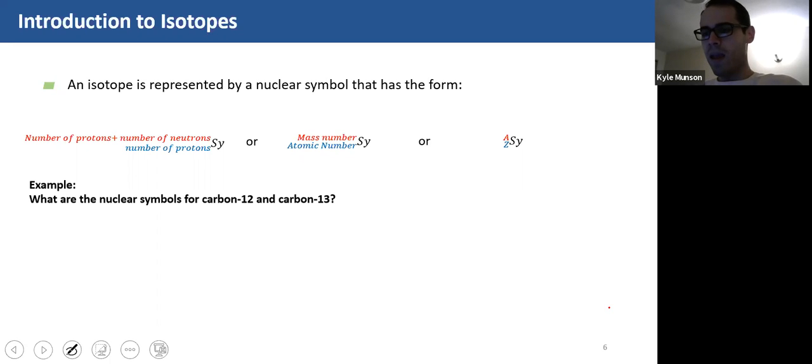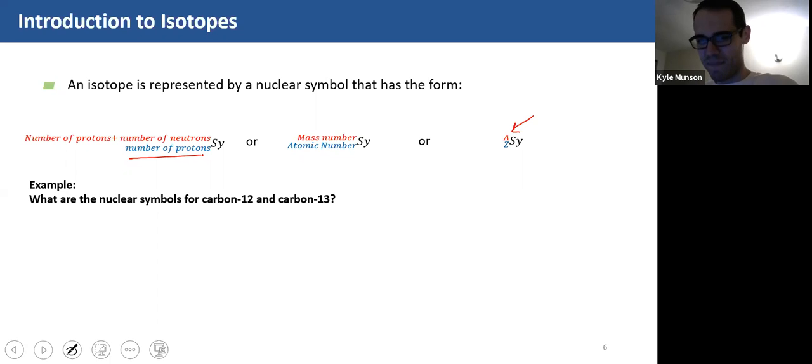On the top, you put the number of protons plus the number of neutrons, or its mass number, or the symbol A, however you want to think about it. The number of protons for the element goes on the bottom. You could also think about it as its atomic number, or Z. They're all kind of the same idea, so pick one that you like and stick with it.